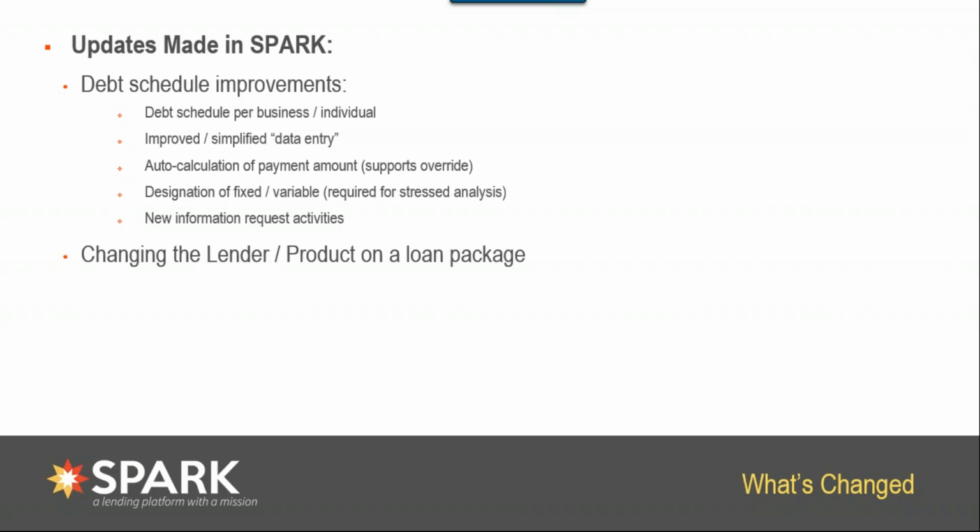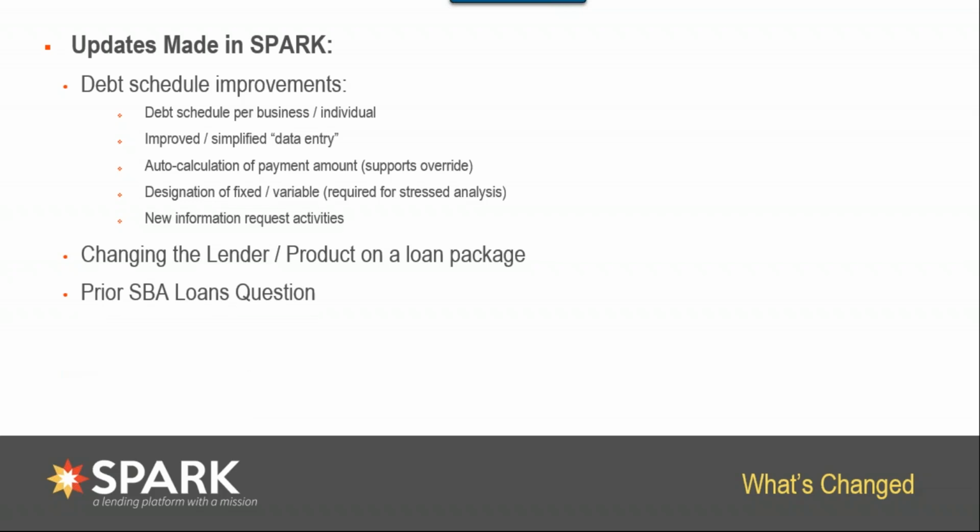In this case, the lender and products will now be linked, so you'll no longer have a lender trying to support a product that it's not set up for. This is going to be controlled in the Spark administrative configuration. So if you need to make any adjustments or have any questions about linking lenders and products in Spark, just reach out to the support team and we can help you out with that.